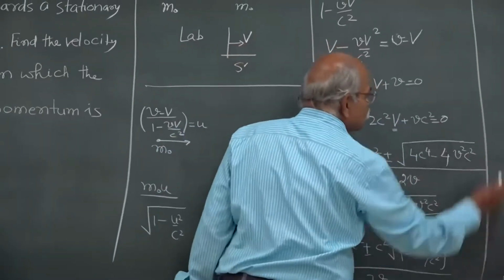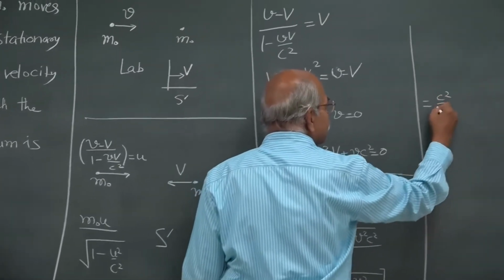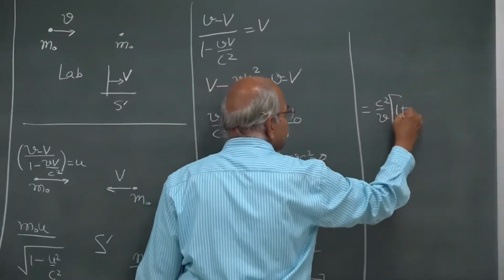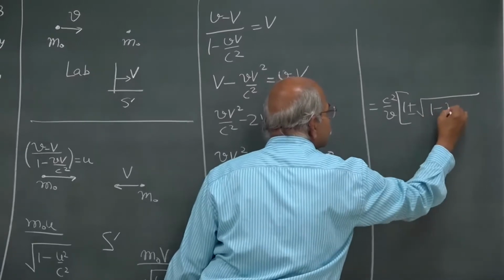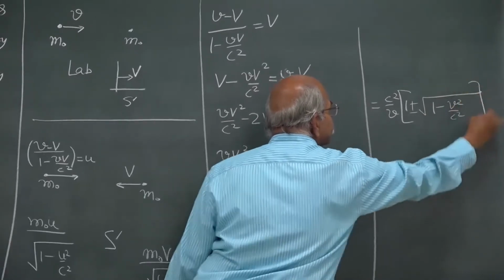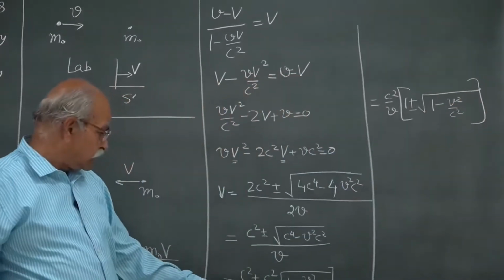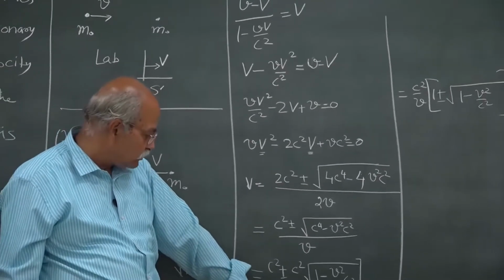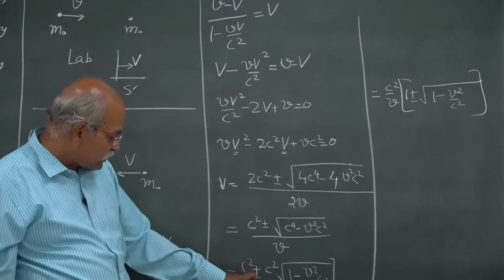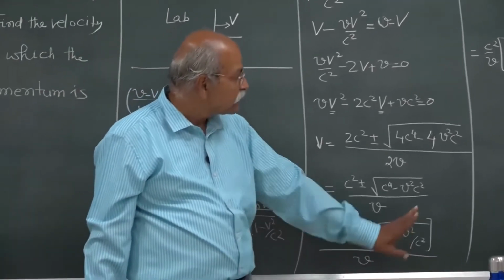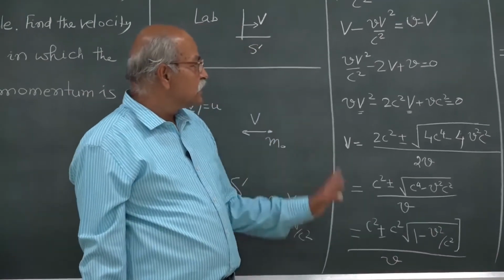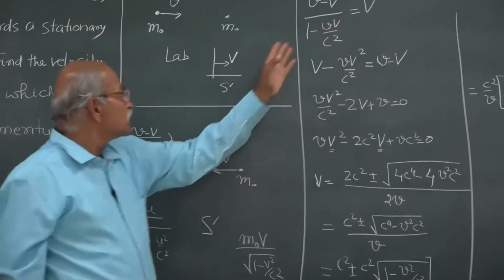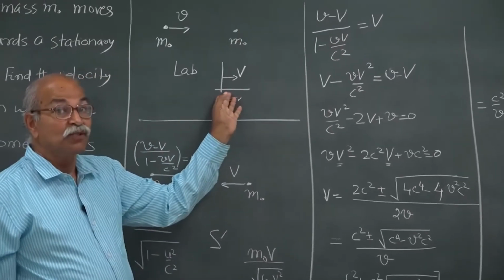So, this is equal to c square by v and then 1 plus minus square root 1 minus v square by c square. Okay. C square take common, c square by v is here, v is in the denominator. Now, this is capital V. This is the velocity with which this S prime has to move.